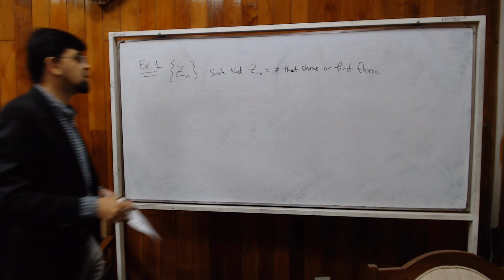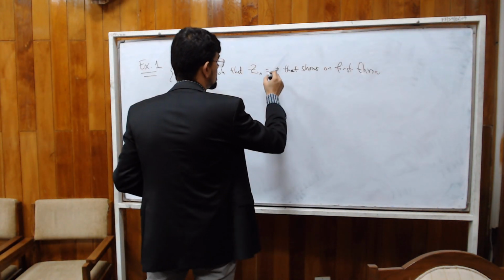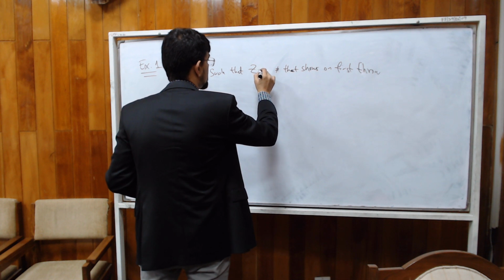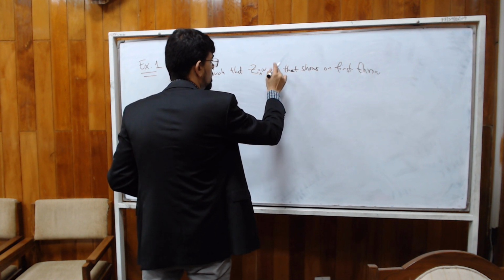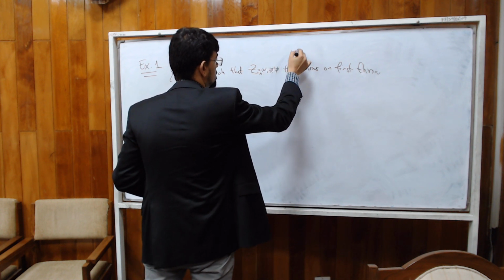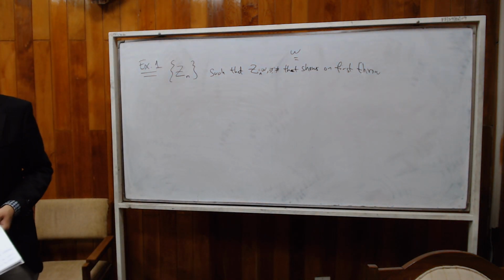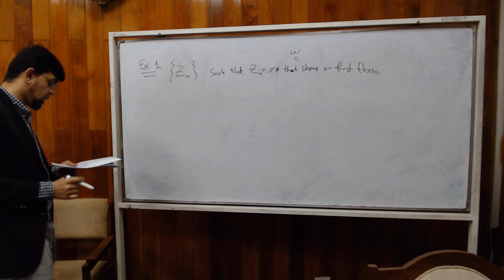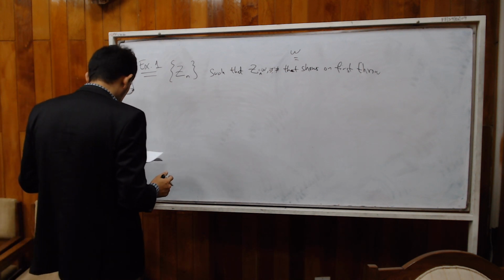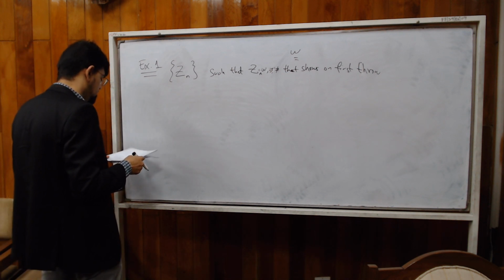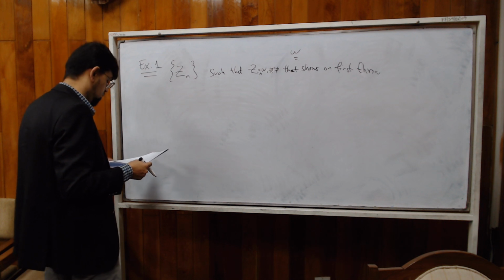So we could also say Zn equals omega, where omega is the number that shows on the first throw. Okay, so then how do realizations of such a process look?